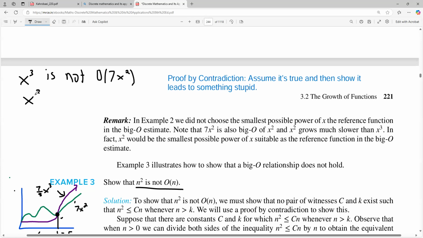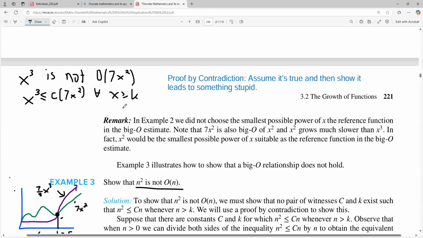That means x cubed is less than or equal to some constant times the second function, which is 7x squared, for some k value, for all x values greater than or equal to k. Okay? Is everyone okay with this then?